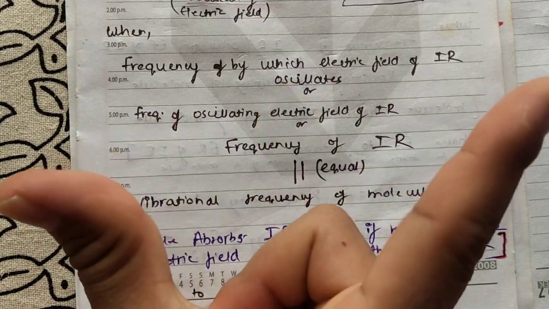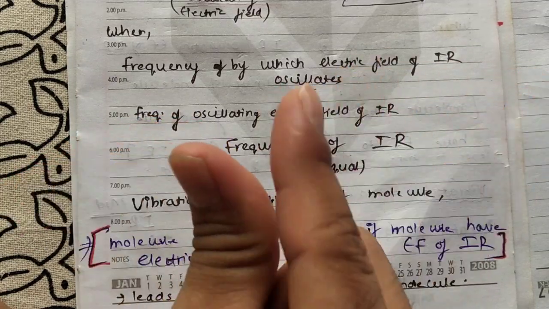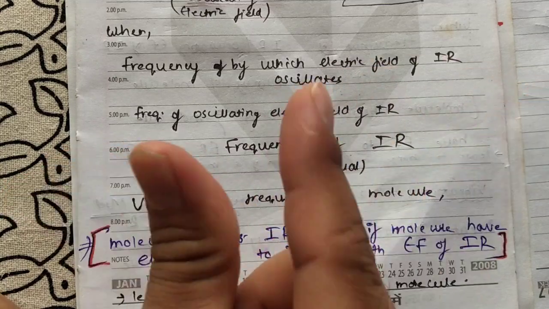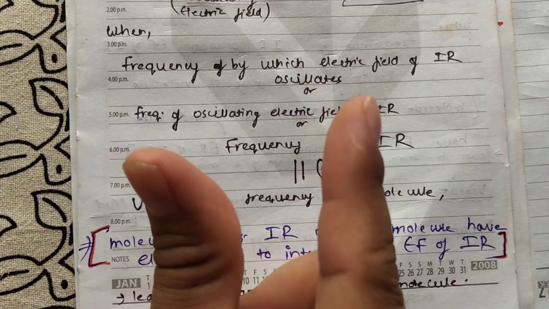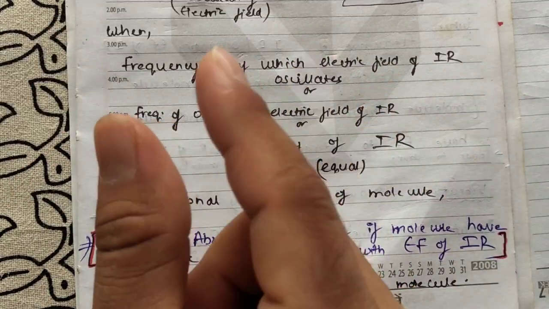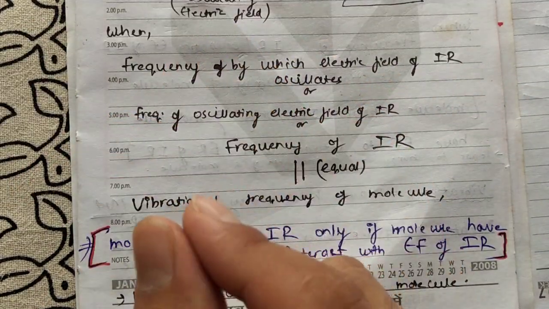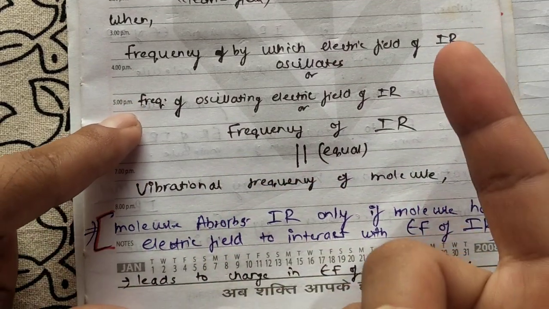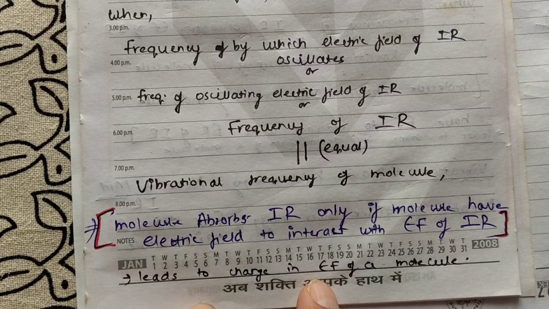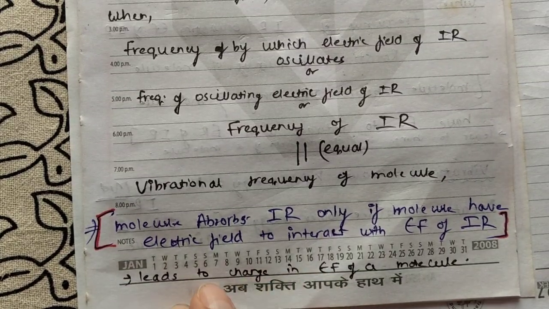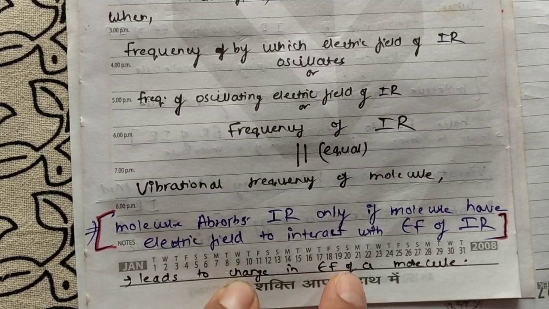Now it will vibrate more. The frequency of vibration is higher, it will be faster, and the stretching will also be more. Because of the increase in the frequency of vibration, the change in the moment will also increase. Due to this increase in the change in the moment, the electric field produced due to the change in the moment also changes. This is the reason behind the change in the electric field.